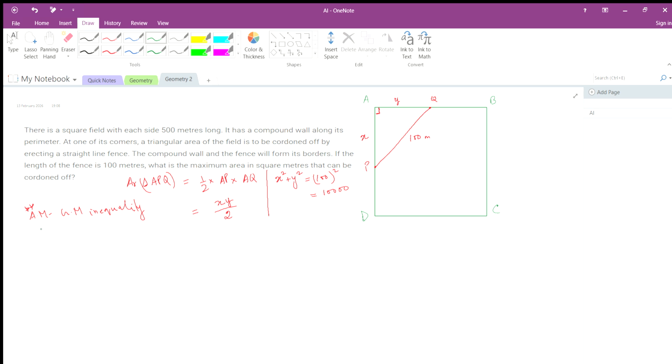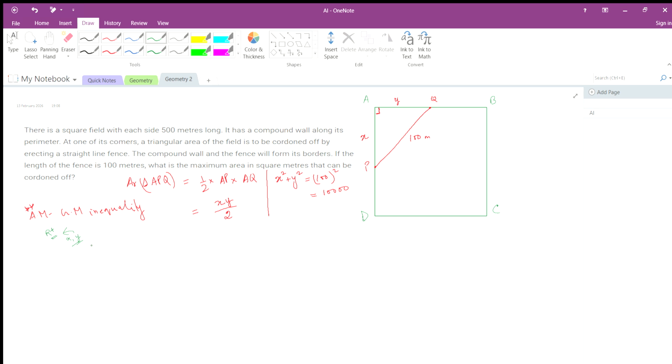It tells that for positive real numbers, please mind the word positive, this is only applicable for positive real numbers. R stands for real number, and I am using the plus symbol to denote positive real numbers. Suppose x and y belong to positive real numbers. Obviously in our case x and y are positive real numbers, because lengths cannot be negative.